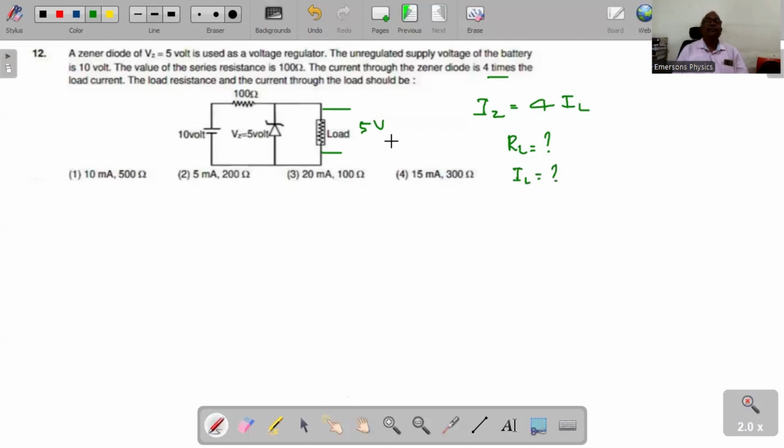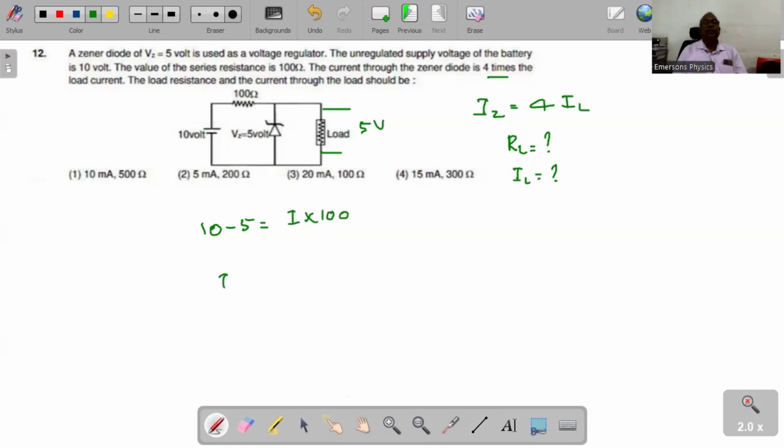Here we know the 5 volt, and we will take this as a closed circuit, and 10 volt acts in the opposite direction to 5 volt, which is equal to I into external resistance. V1 minus V2 equals IR. R is 100.